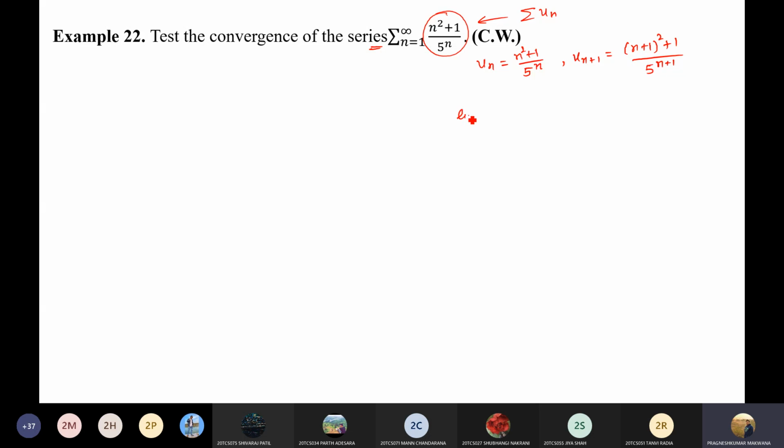Now find the limit as n tends to infinity of Un plus 1 upon Un. Everyone find the limit.